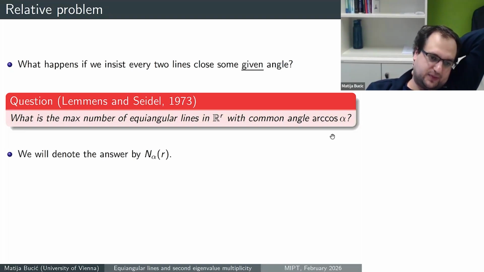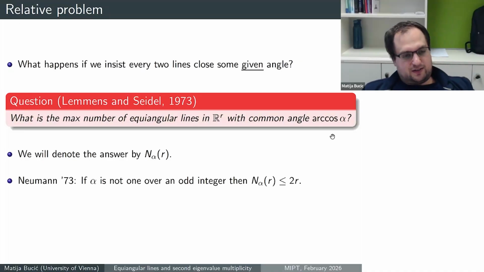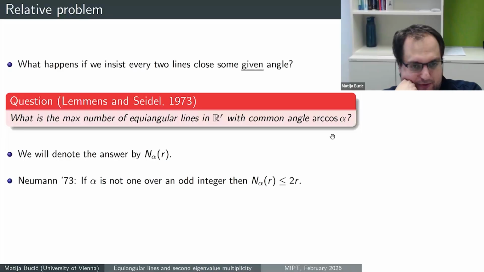The first general result about it that was proved is due to Neumann. This is a rather simple, nice algebraic proof that is somewhat different from essentially anything else afterwards. What he showed is that if alpha is not 1 over an odd integer, then you get an upper bound of 2r.